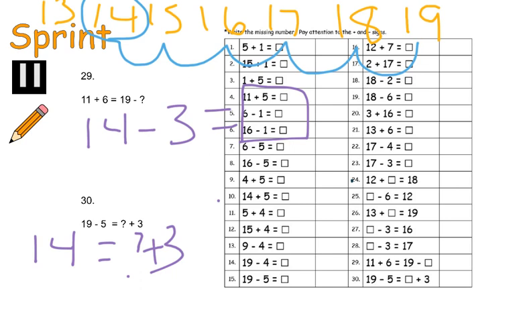So let's see. 14, I'm going to count down 3. So 1, 2, 3. 13, 12, 11. So now let's see if that works with this. Let's see. Does this work? 11, 12, 13, 14. It does! Okay.